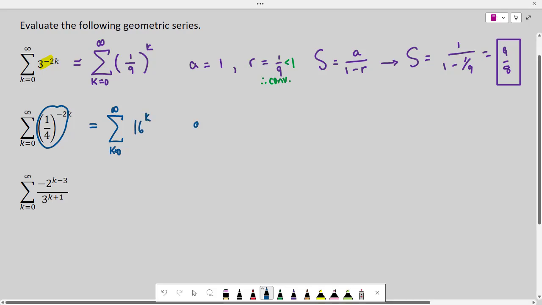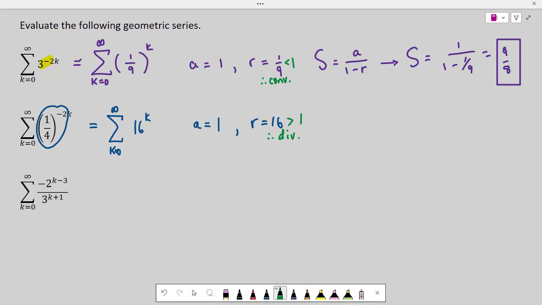So what is the a value? 1. What is the r value? 16. So here's where we would say this is greater than 1, therefore it diverges. So then we don't go further. You don't go find S, even though you could plug in 1 and 16 and get negative 1/15. That number's meaningless.